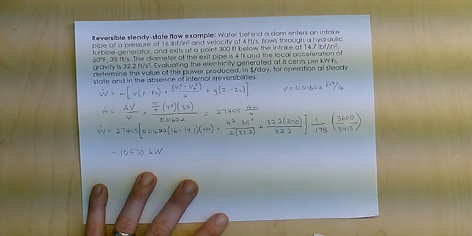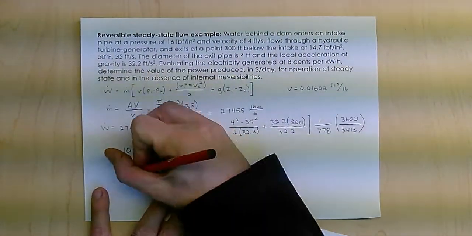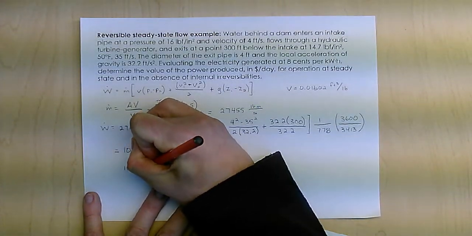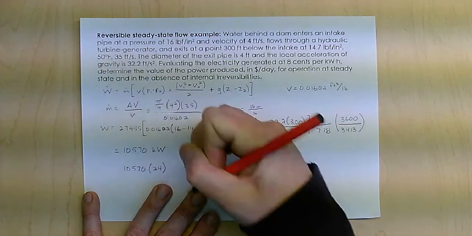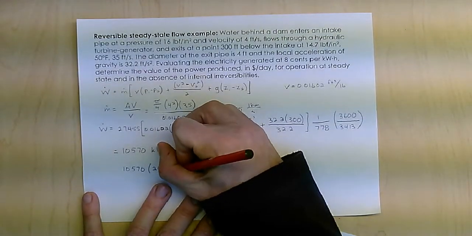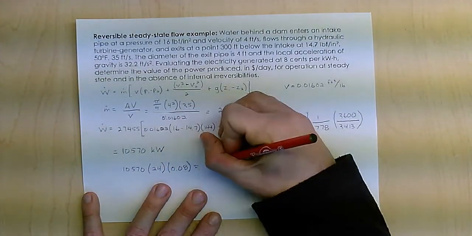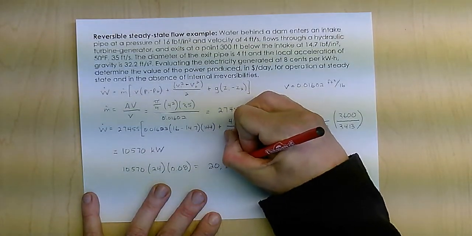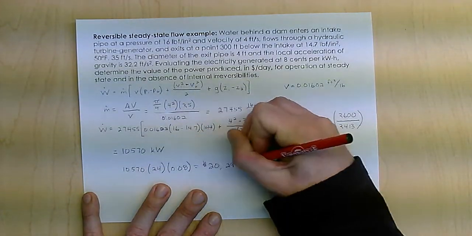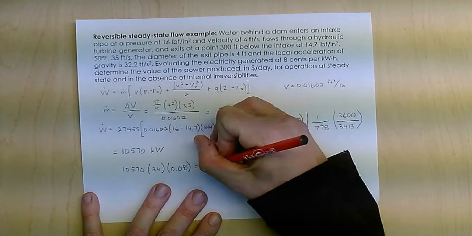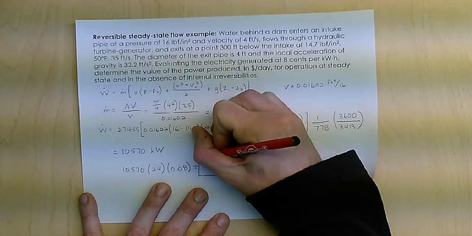Okay, then I take that kilowatts times 24 hours to find out how many I have in a day, times 8 cents per kilowatt hour, and this will give me $20,294 per day.